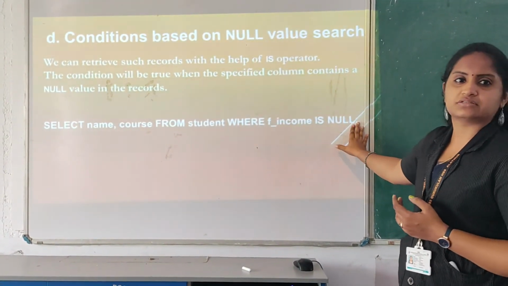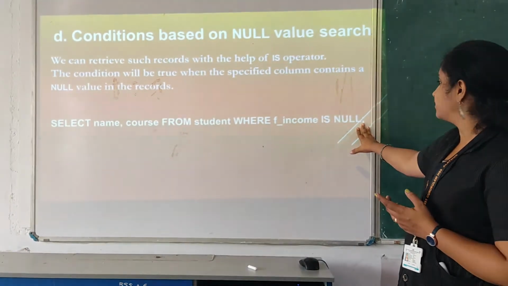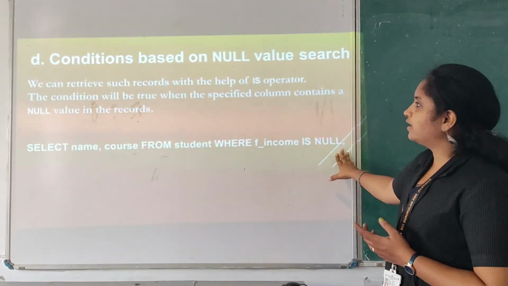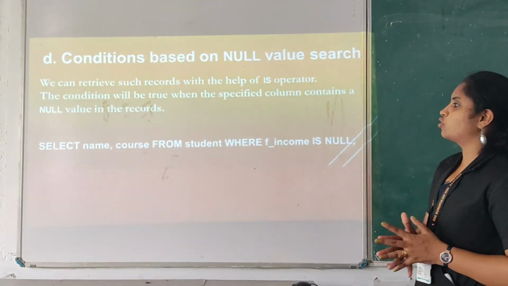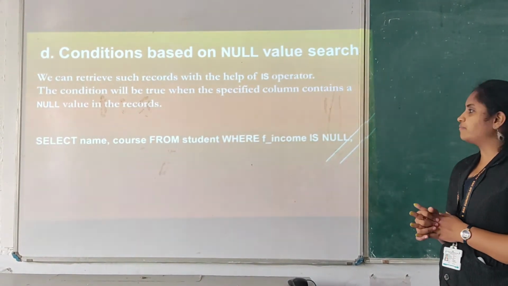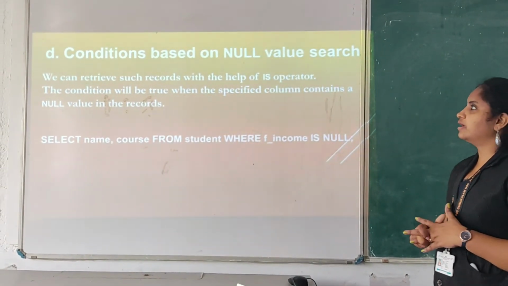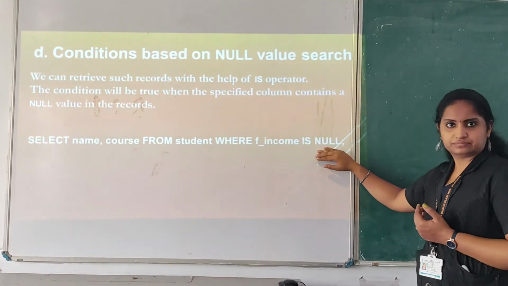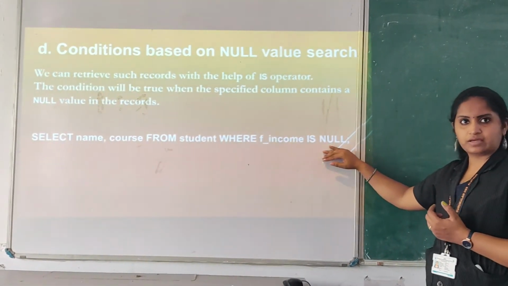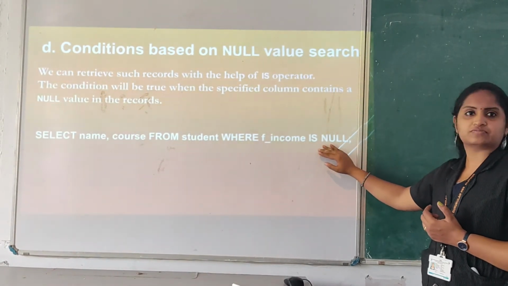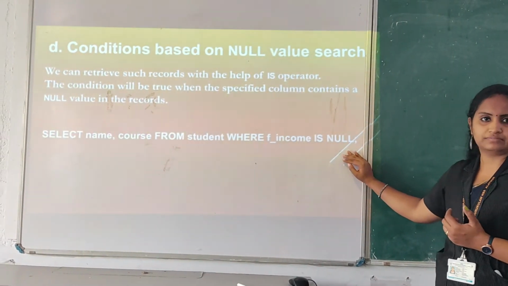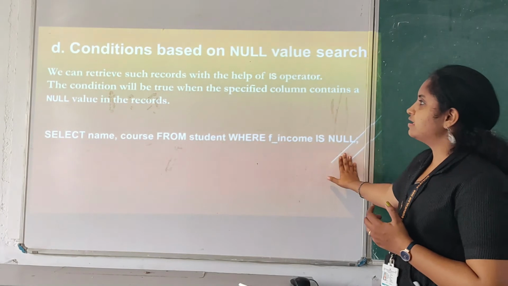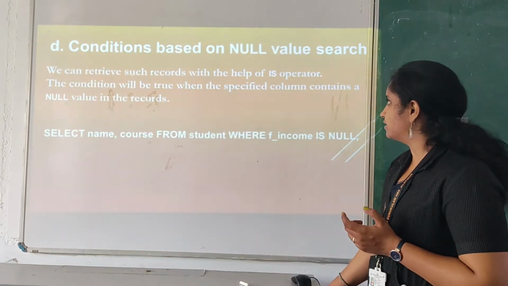How can we search the content if it has a null value? Here you can see: select name, course from student where family income is null. Here we are using the word NULL. If it contains no value, we can search through this NULL. This is the word we use in this condition.